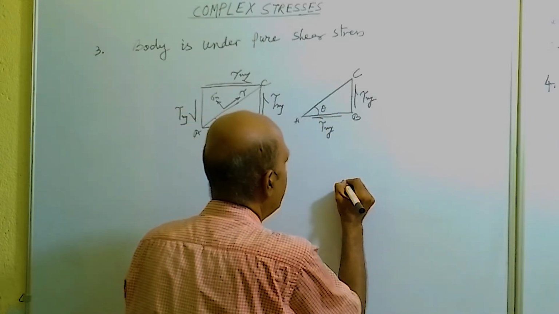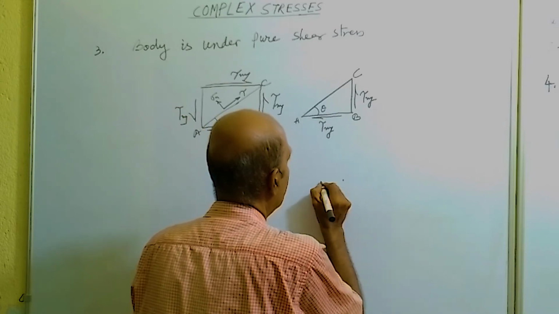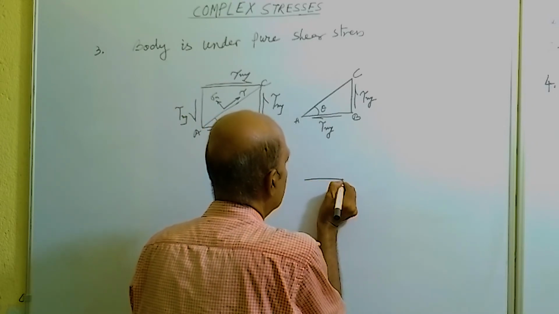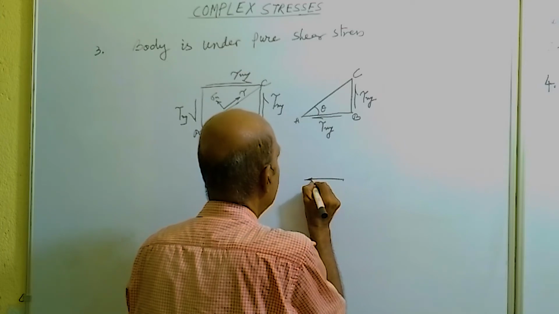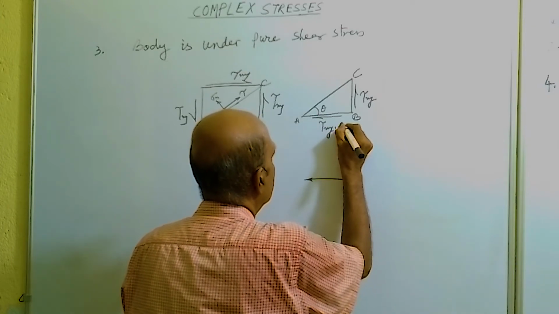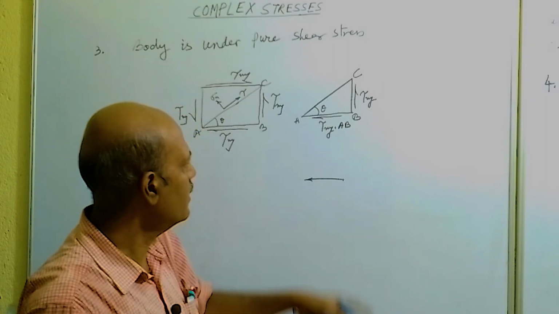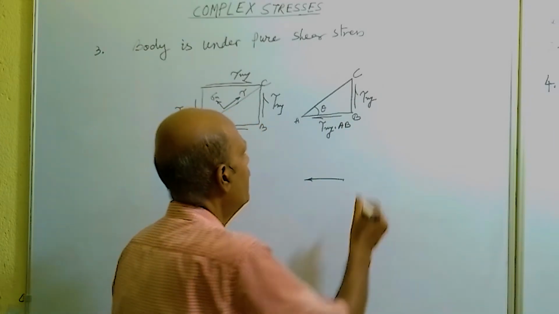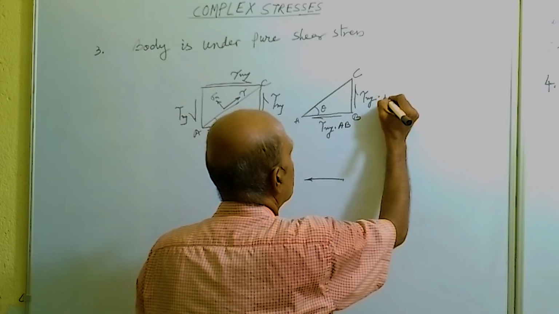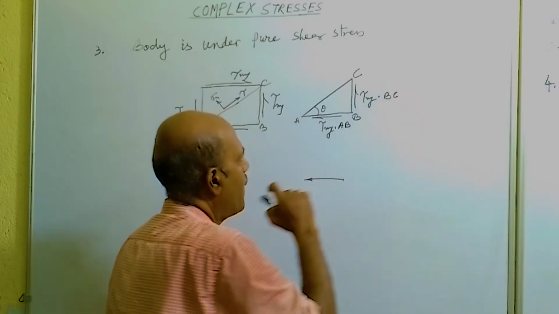So consider an initial point. From that point, the stress, this is in terms of force. If we express it, the force on y face, that is tau xy into AB, and on x face tau xy into BC.